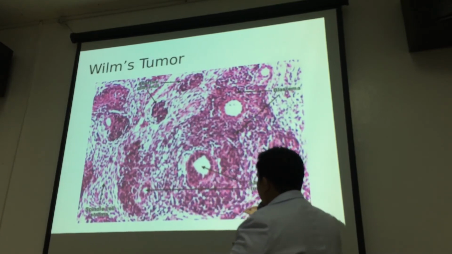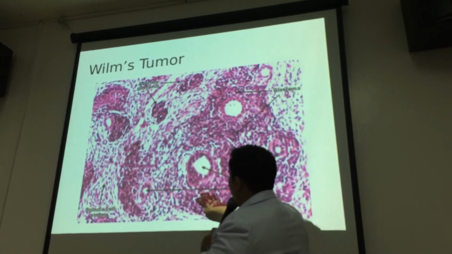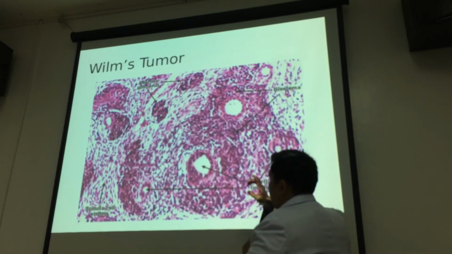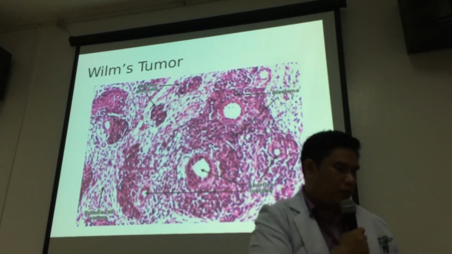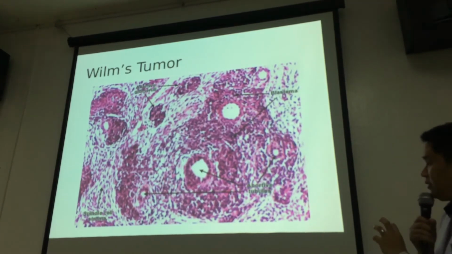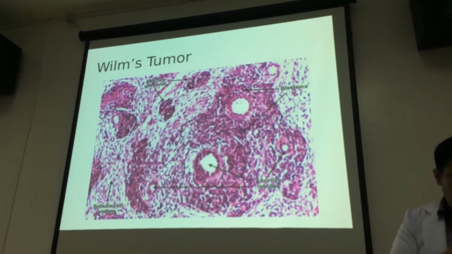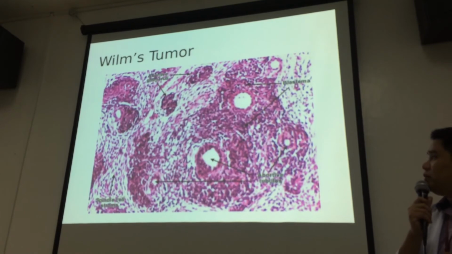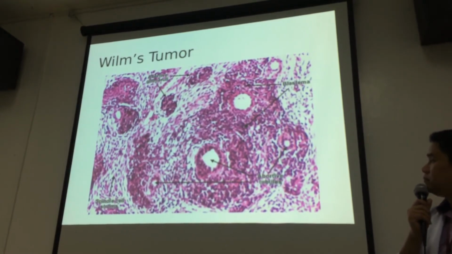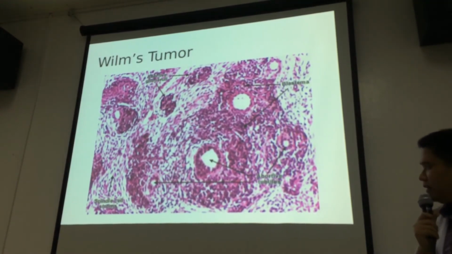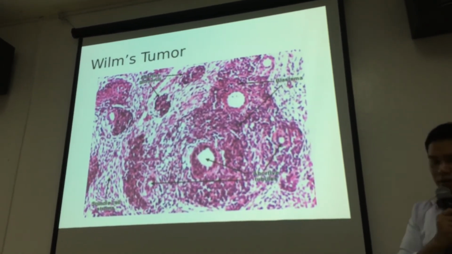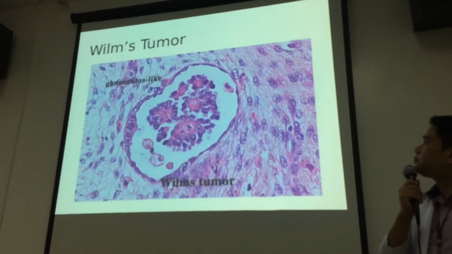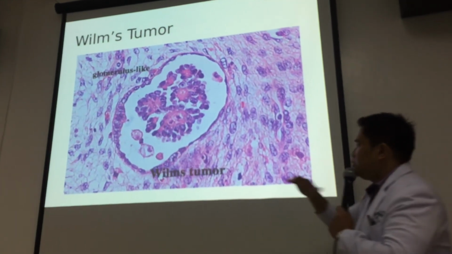In some instances, your blastemal cells will attempt to create glomeruloid bodies. So round structures, round nests of blastemal cells, and they would mimic glomerular formation. So 3 components: spindle cell component, tubular component, and your blastemal cells. So this is the tubular component.